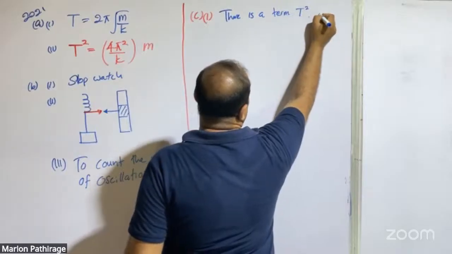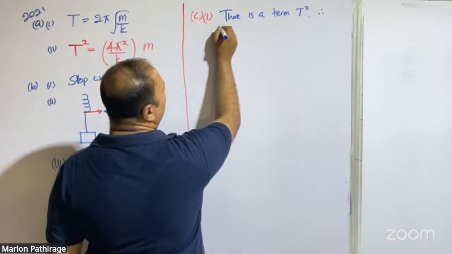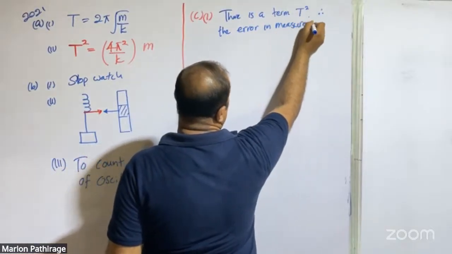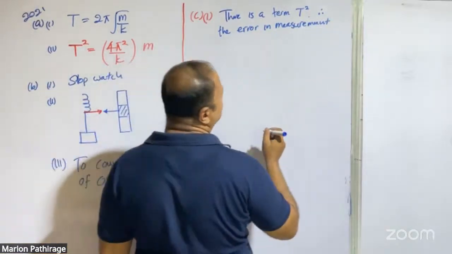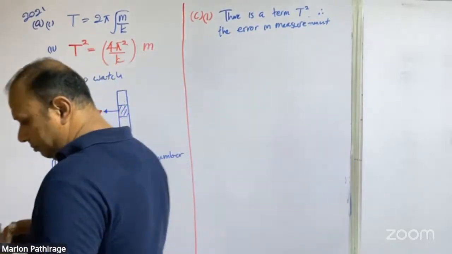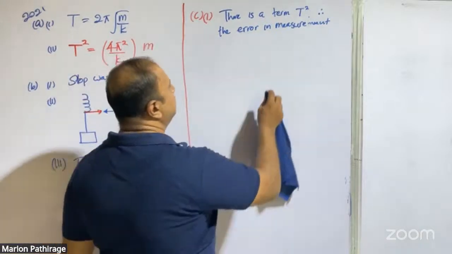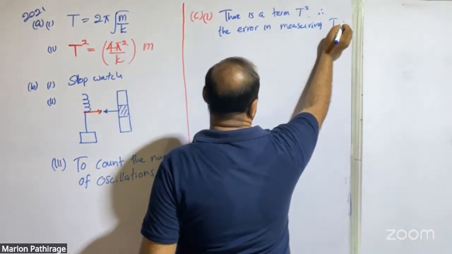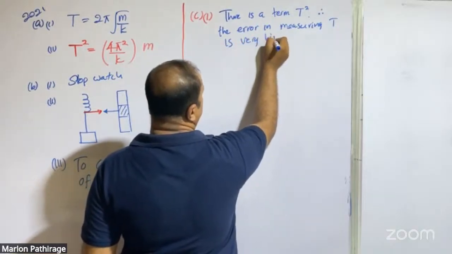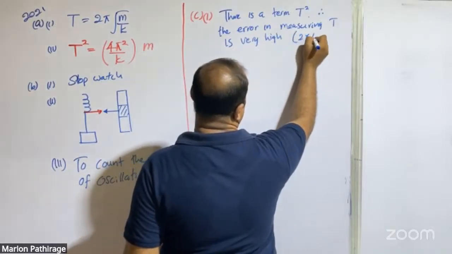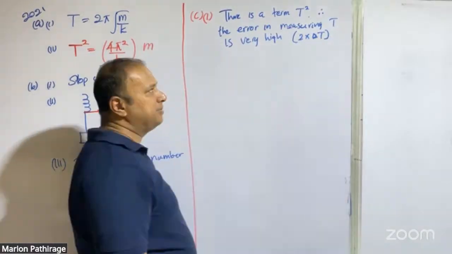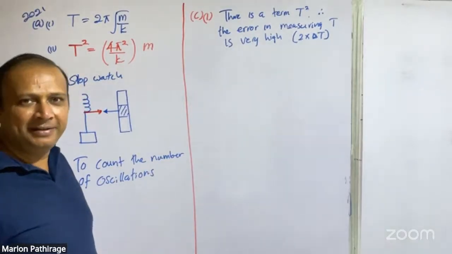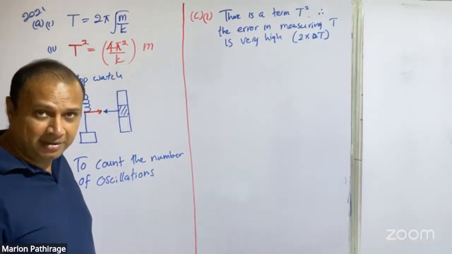Therefore, the error in measurement: 2 times delta T, where delta T is the error in measurement of T.